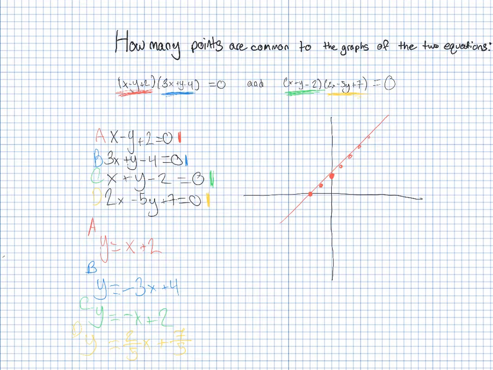So for B, the y-intercept is 4. So right there, there's a point. The slope is -3. So that means 1 to the right, down 3. So there's a point here at 1, 1.